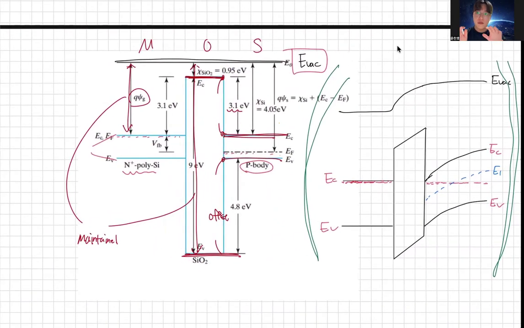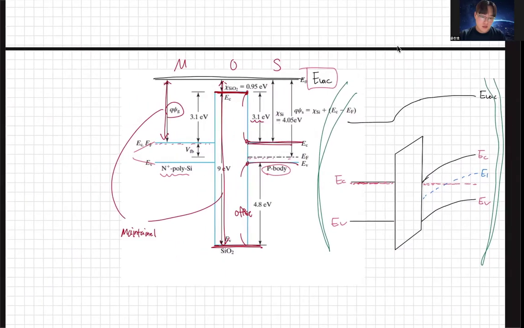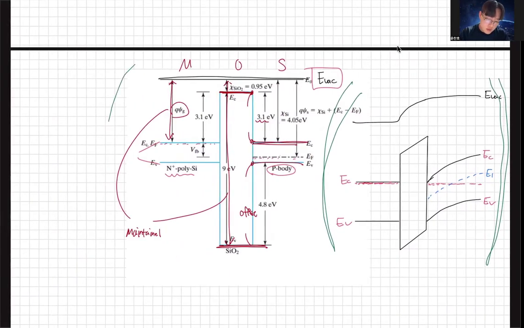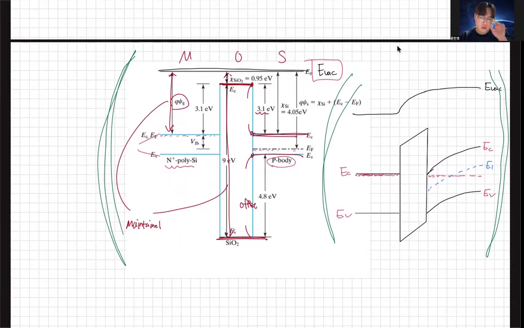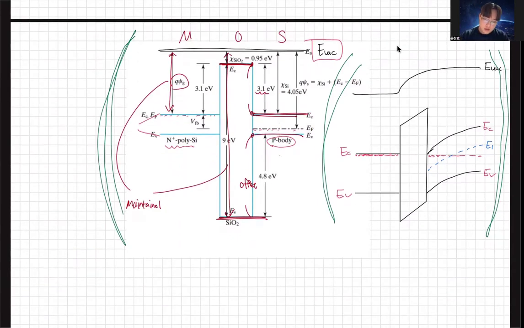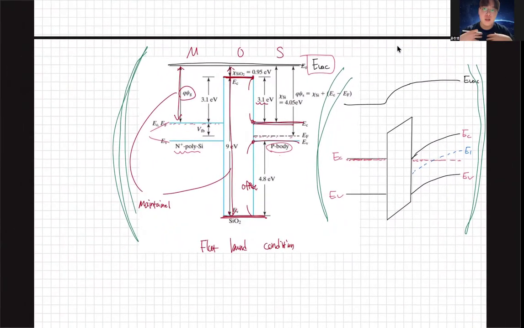Before the next stage, I already mentioned this is not the thermal equilibrium, so we can call this the flat band condition. Maybe I will talk next week about the flat band energy and accumulation and depletion of the MOS.